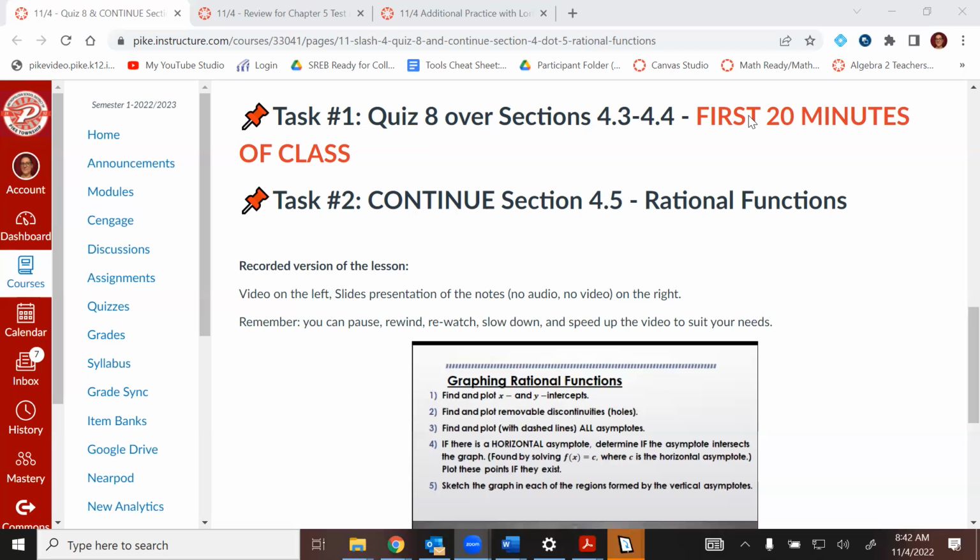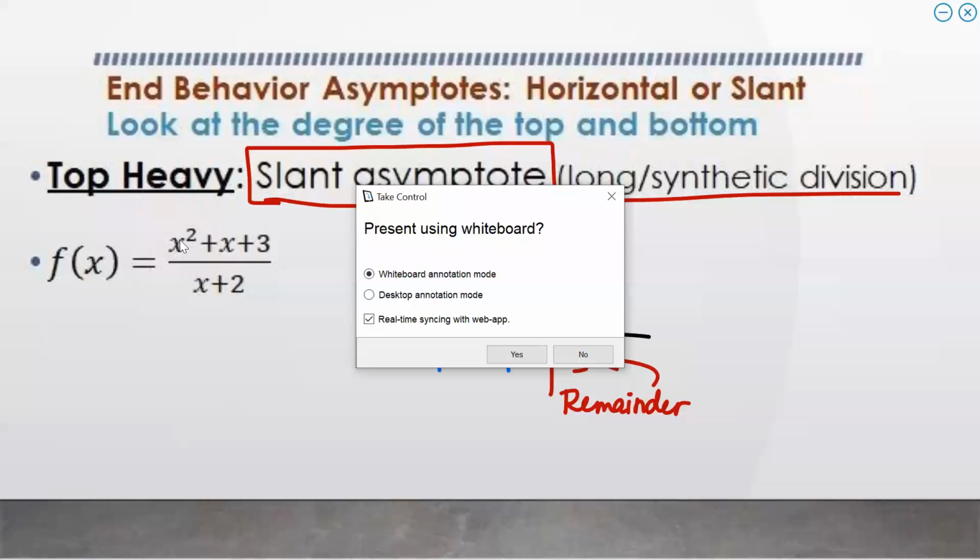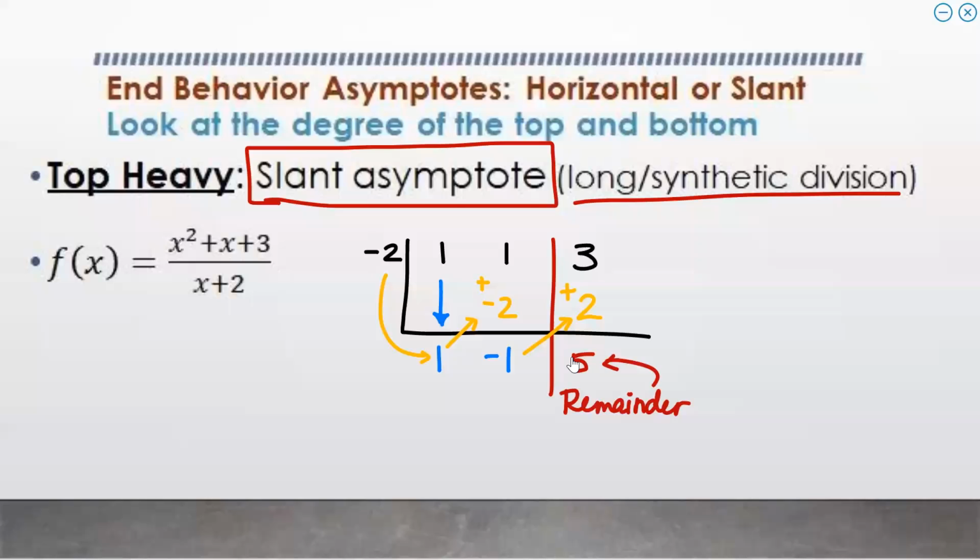So talk to me about these pieces. They're not my zeros. What do these numbers tell me after I've done synthetic division? That is my slant asymptote. This coefficient right here of 1 came from my x squared, correct? Right, so this came from x squared, this came from x, and this was my constant.